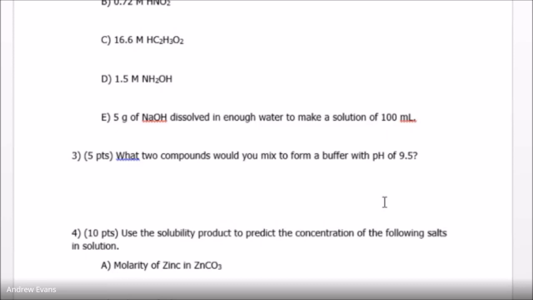But on the test, there will be only one possibility that can answer this, because you'll have 4 selections. You have to look at the Ka, turn that into the pKa, find which one is closest to the desired pH. We will finish up with number 4, and then we'll pick this up on Tuesday.